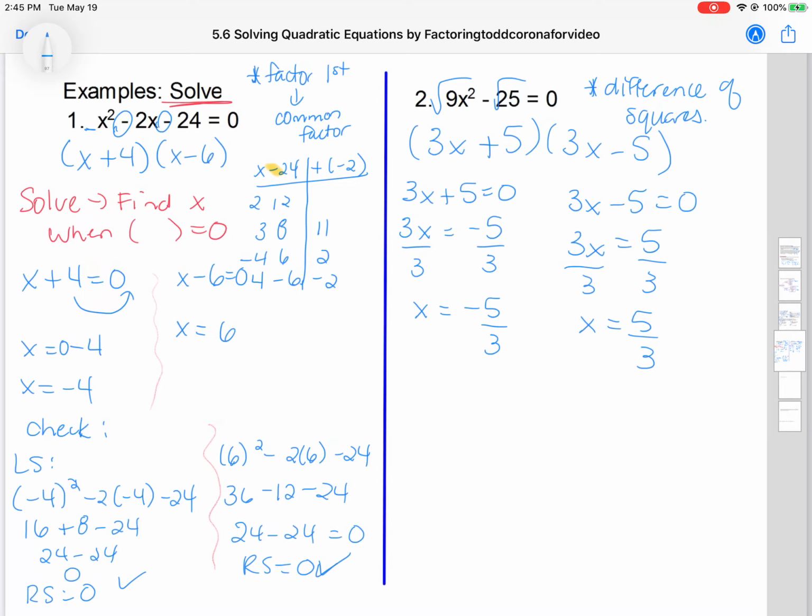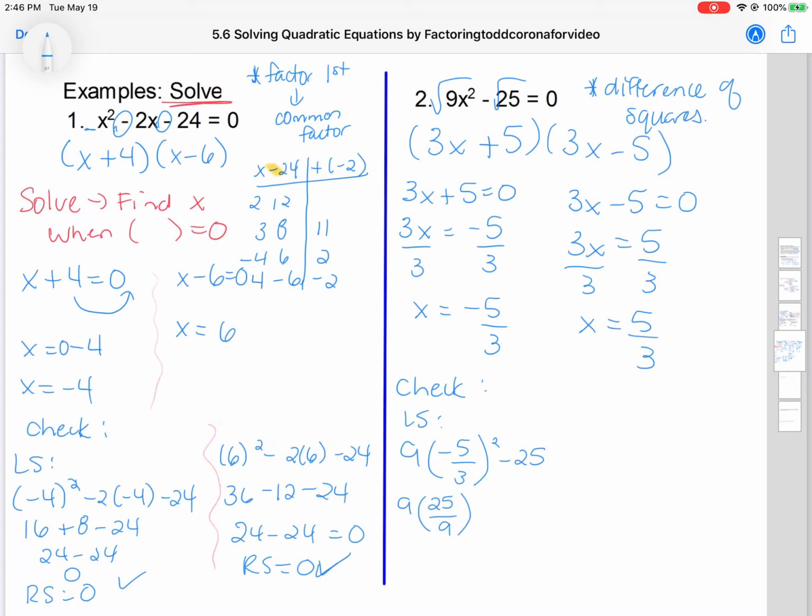Okay, so when you go to check this, this is going to be a little bit annoying because it's got a fraction. If you put negative 5 divided by 3 in your calculator, you're going to get a repeating decimal, which is fine, but again, also annoying to check, right? So here we've got negative 5 over 3 squared minus 25.